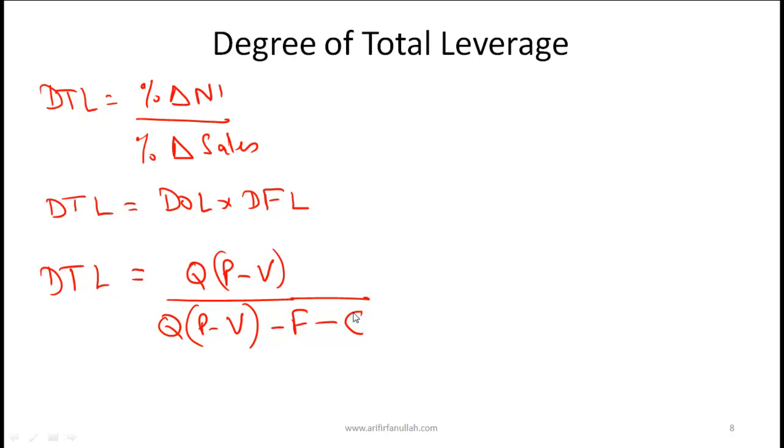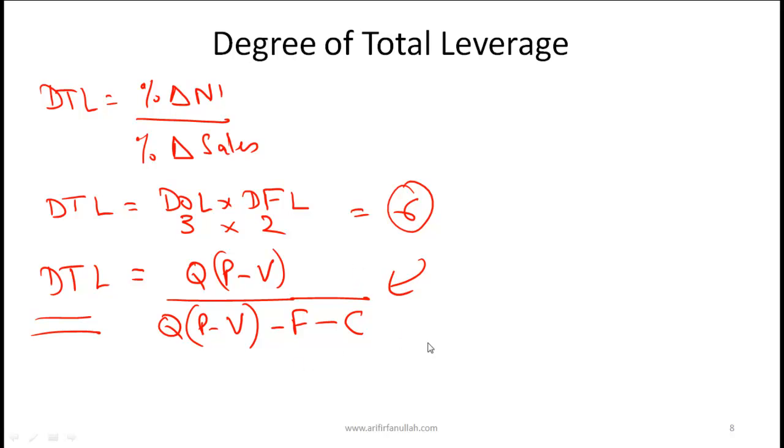I won't go over the previous numbers, but it might be a good idea for you to plug in the Q, P, V, F and C from the earlier examples and verify that the degree of total leverage does turn out to be equal to degree of operating leverage, which we calculated as 3, times degree of financial leverage, which we calculated as 2. So you should get an answer of 6 when you plug in over here.